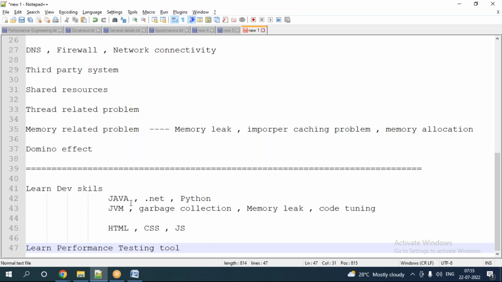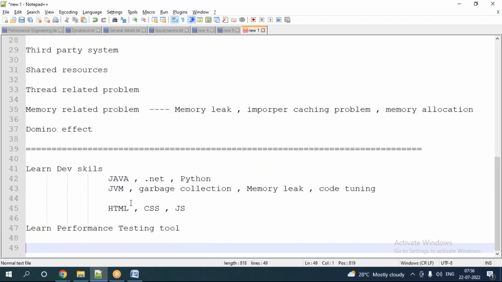I need minimum user load traffic, say like 10, 20, 50. If I wanted to trigger the load condition, instead of a manual way of triggering it, we'll use the load testing tool to trigger it and then find if there is any problem, right? So for that, you should learn a performance testing tool as well.